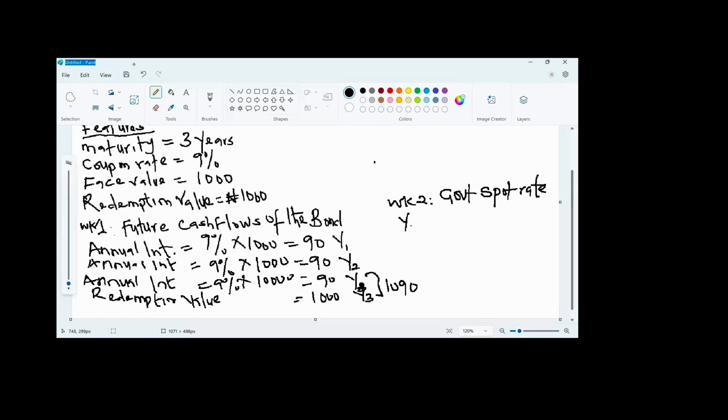Year one, I think we got 4.76%. Year two, we have 6.21%.